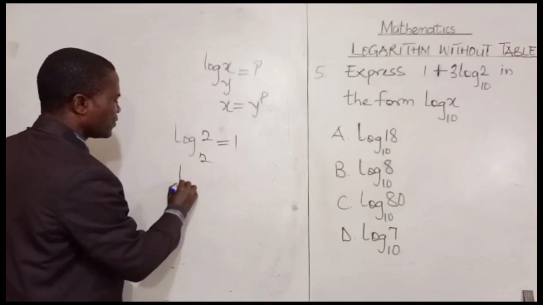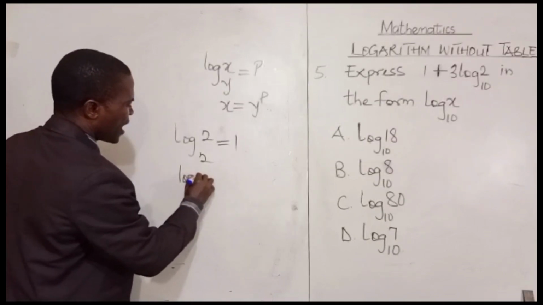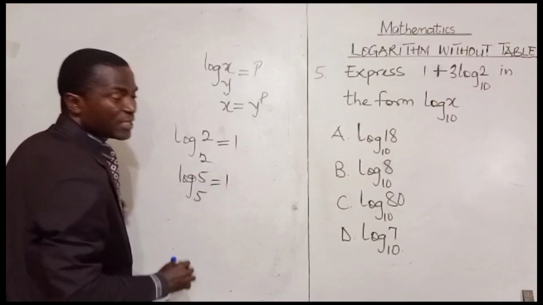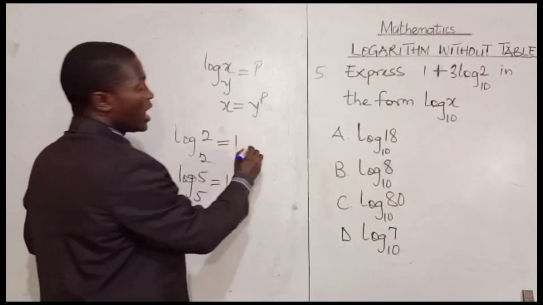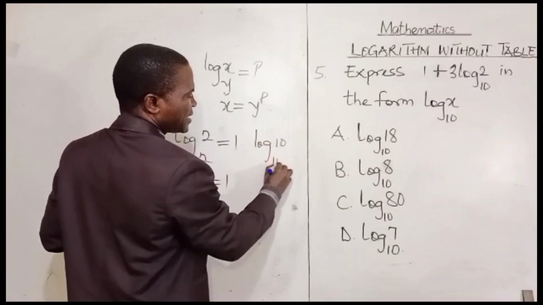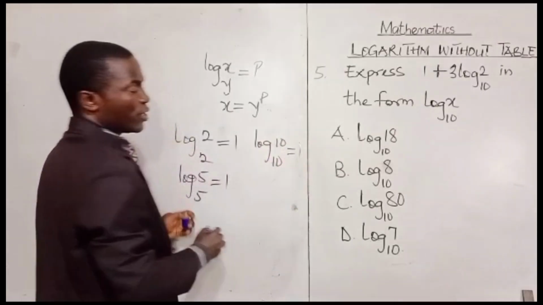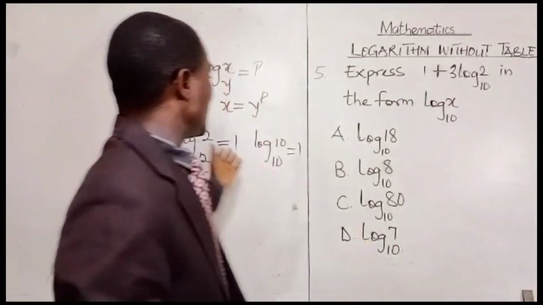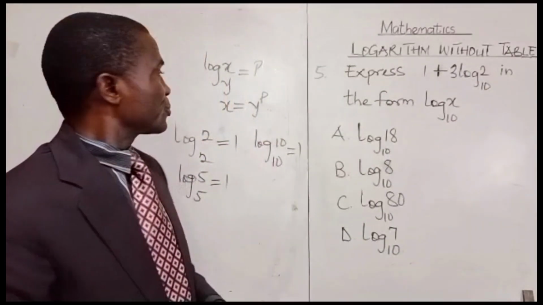Also, the logarithm of 5 to base 5 is 1, and the logarithm of 10 base 10 is 1. That is one of the laws of logarithm, the equal law.